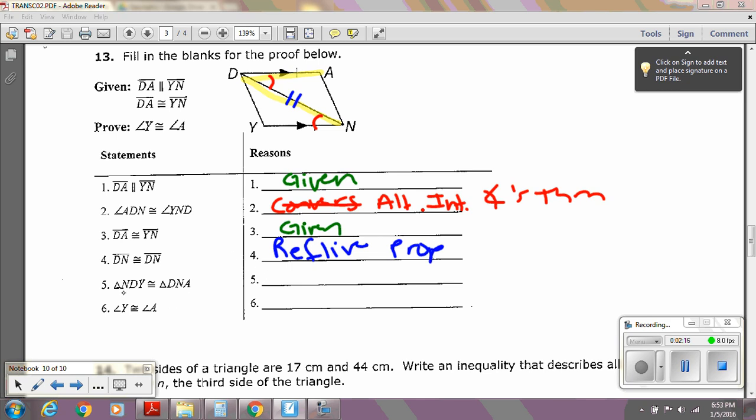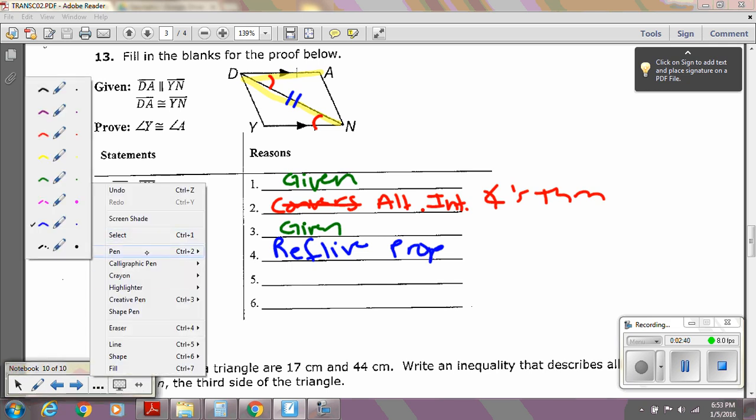And then it tells us that triangle NDY is congruent to triangle DNA. And that is because of side angle side. That's one postulate that would work for this one.